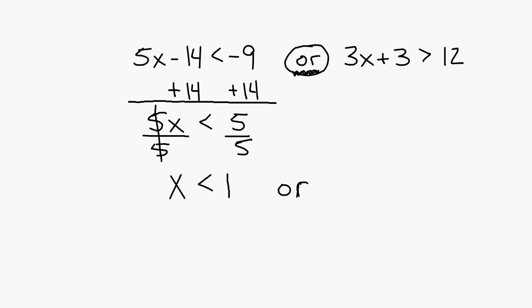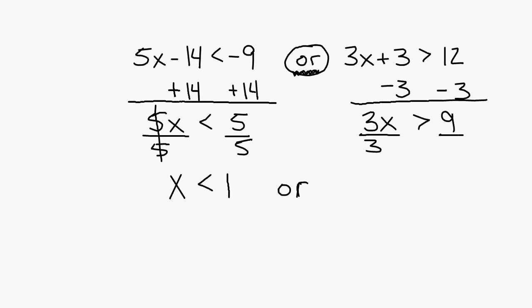And then you solve the inequality on the right the way you have been. You would subtract 3 from each side. So 3x is going to be greater than 9. And then divide each side by 3. The 3's will cancel. And x is greater than 3.